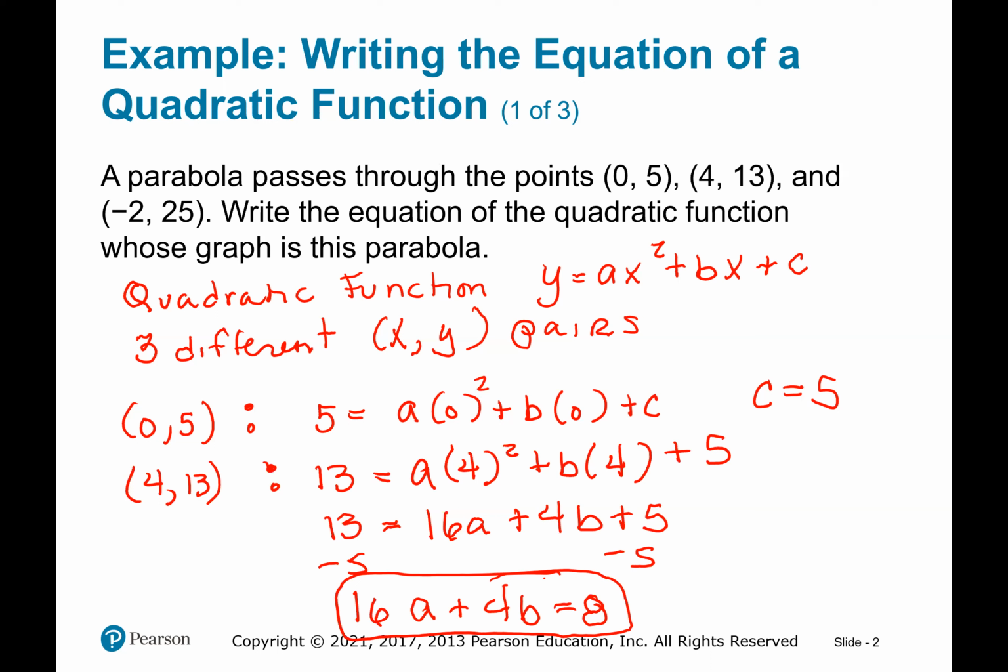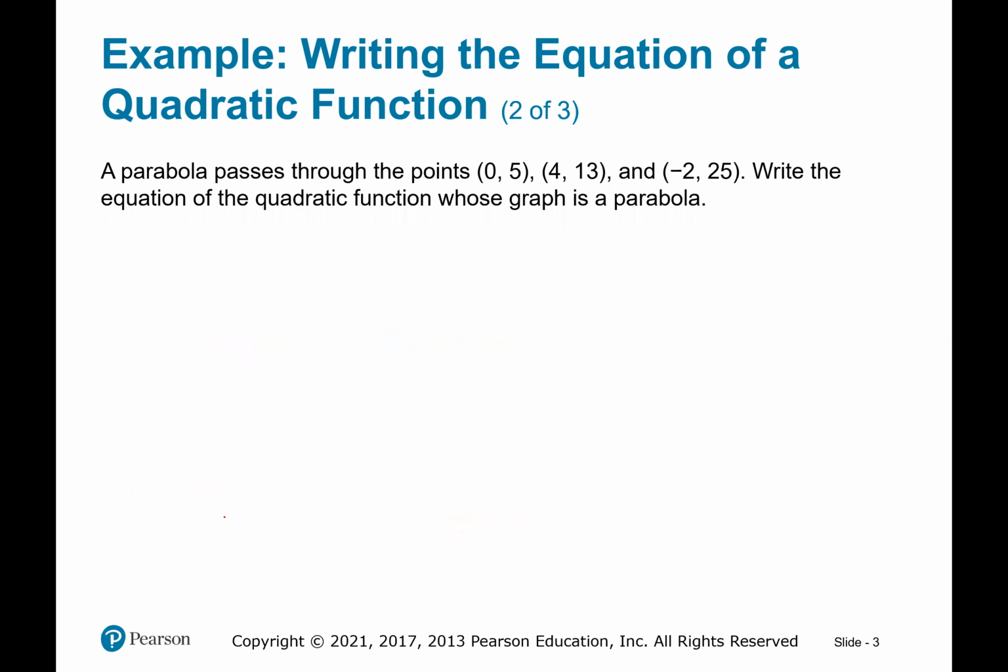Okay, let's find the second equation. So I have that it goes through the point -2, 25. So I have 25 equals A times -2 squared plus B times -2 plus 5.